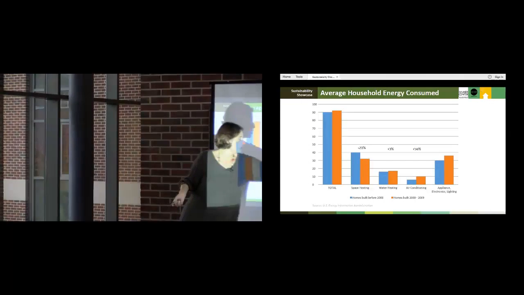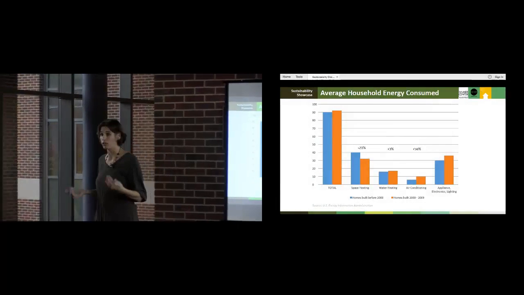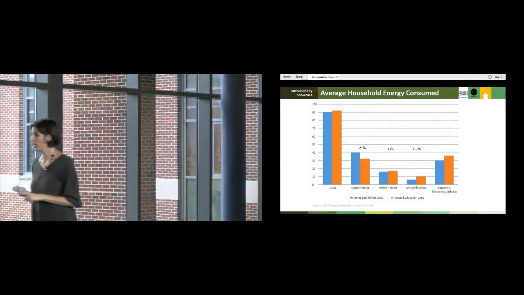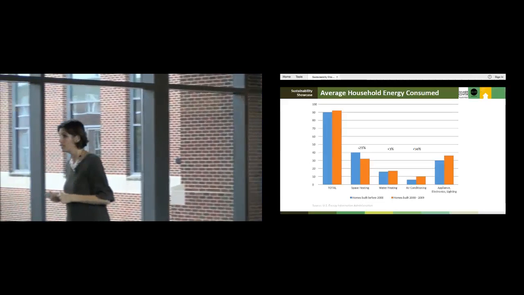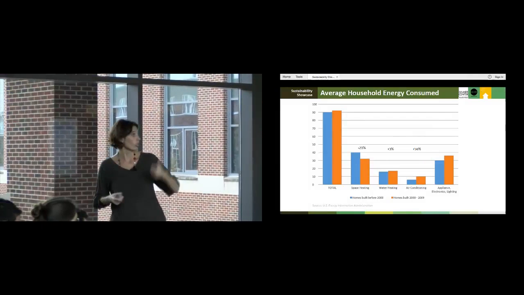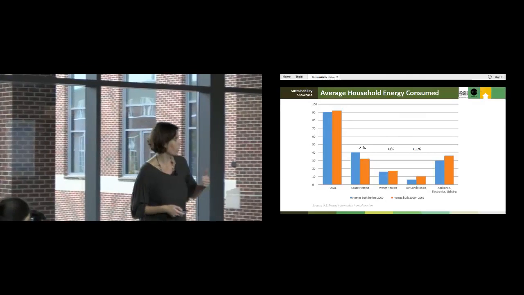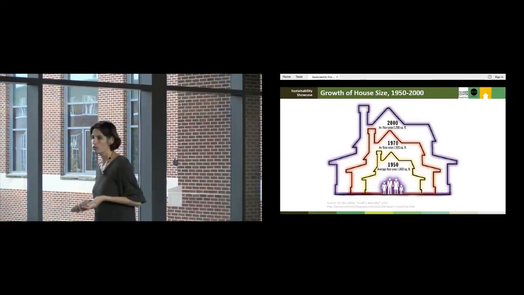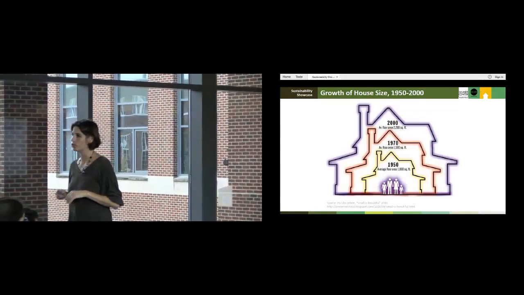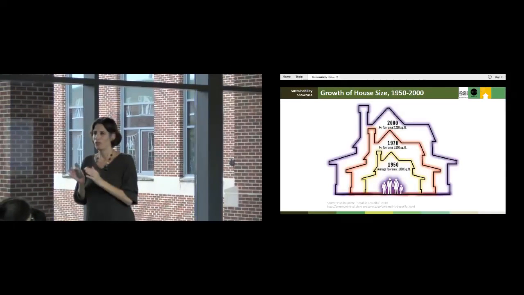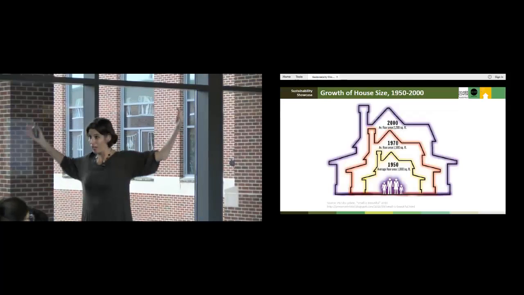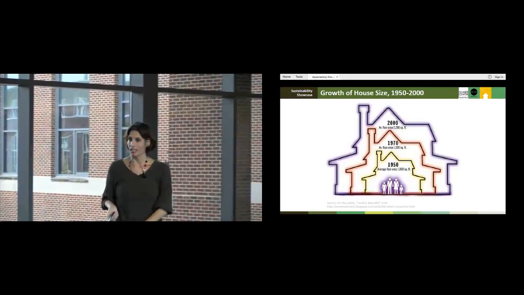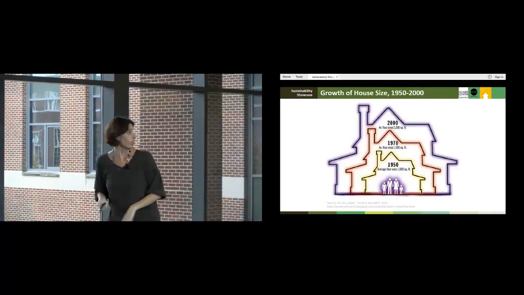But we also see something interesting here, because standards due to Energy Star for appliances, lighting, and electronics have actually brought down significantly the amount of energy that they use, but we're seeing the amount of energy go up. So why is that? Well, in the words of Dr. Seuss, it's because we keep biggering and biggering and biggering our houses, even as our family sizes in the United States are going down.